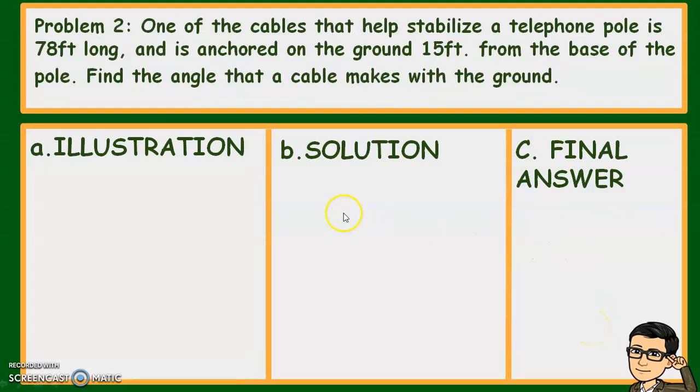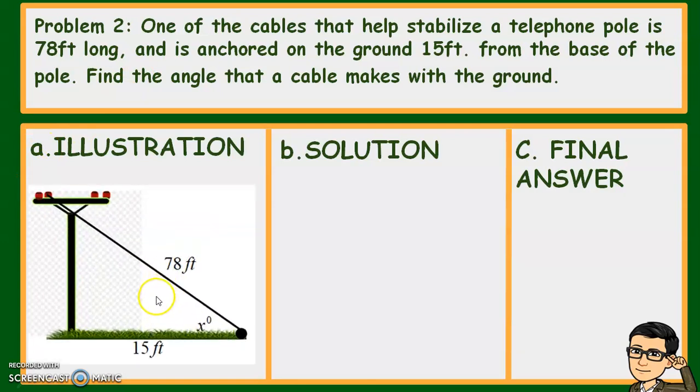Next, let's proceed now to problem number 2. One of the cables that help stabilize a telephone pole is 78 feet long and is anchored on the ground 15 feet from the base of the pole. Find the angle that a cable makes with the ground. Again, we will have our illustration. We will apply all the information needed from your problem.